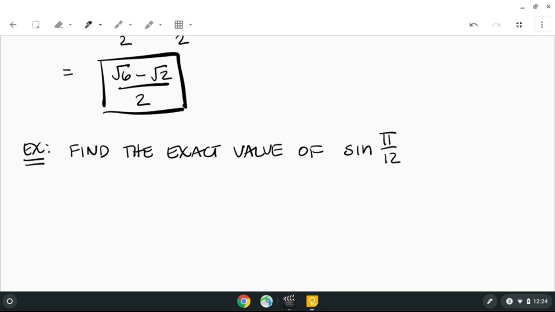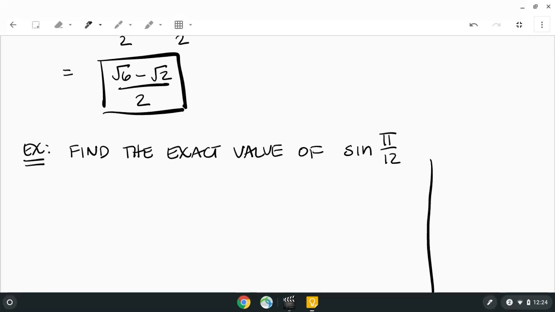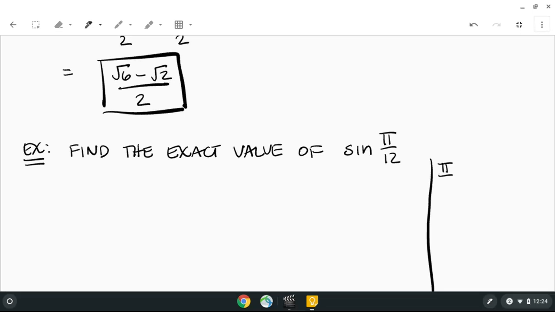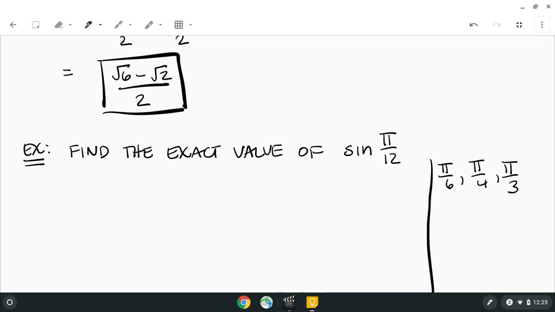So the ones that we do have memorized, I'll write them down over here. We have pi over 6, pi over 4, and pi over 3 memorized, right?